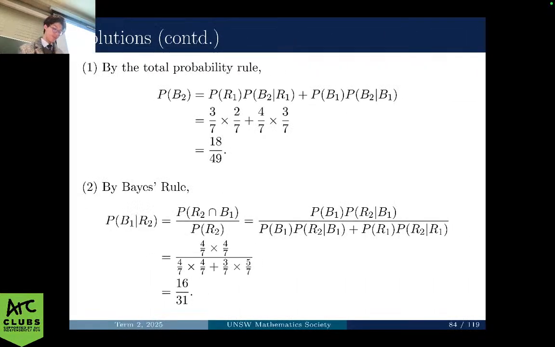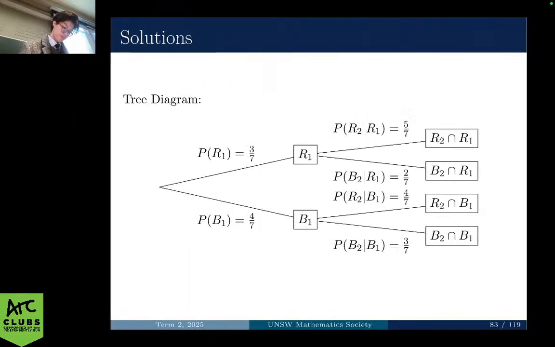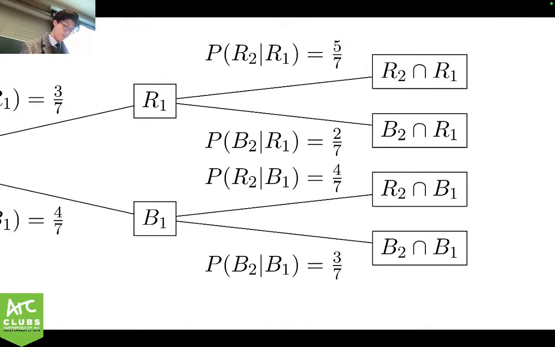And so, with these probabilities, we can now compute each of our questions. What is the probability that the ball drawn from urn 2 is blue? Well, if we want urn 2 to have a blue draw, then it's these outcomes which are favorable to us.